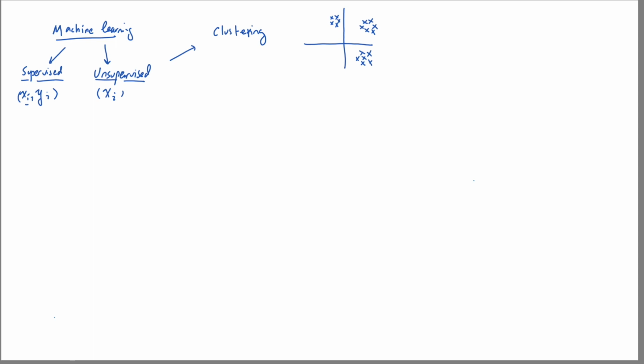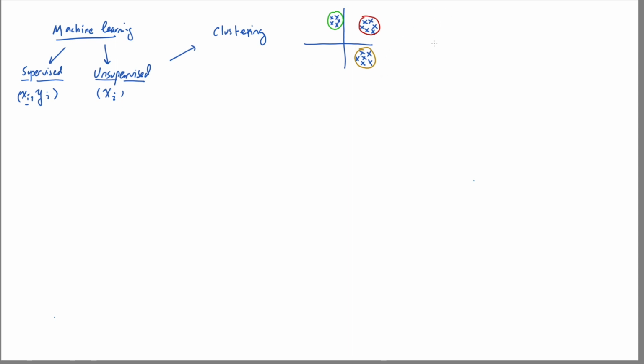One structure you could find is to say, well, these points here seem to belong to a cluster, these points here belong to a cluster, and the third set of points belongs to a cluster here. This is really obvious. Any clustering algorithm will figure this out. Even we can just eyeball it and see. It's pretty obvious what the clusters should be.